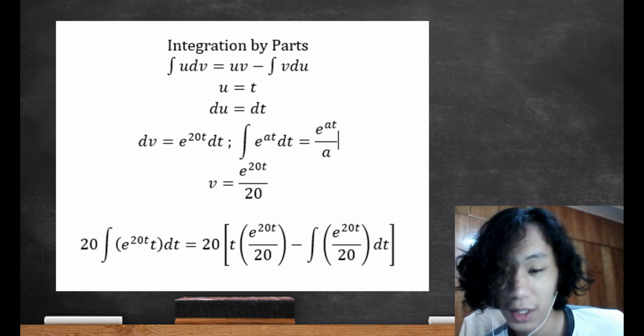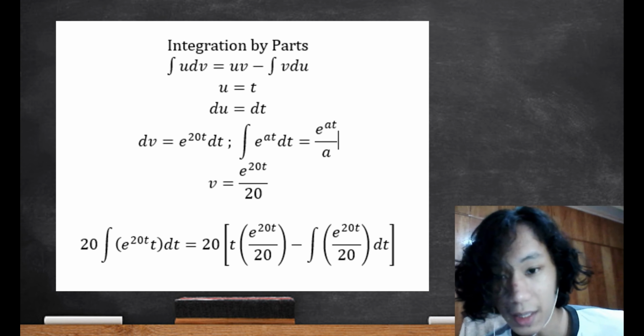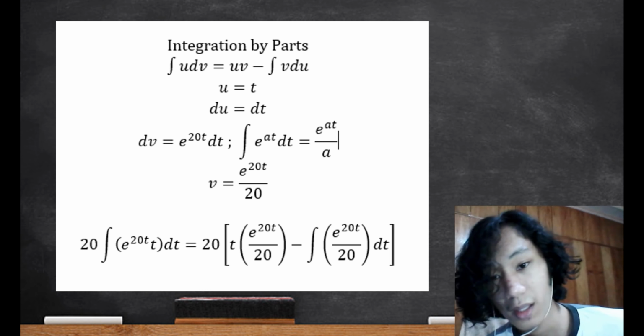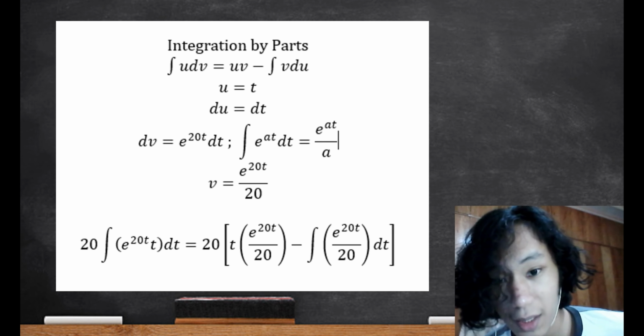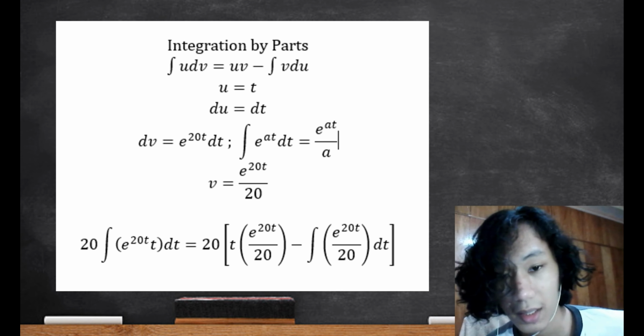the equation 20 times the integral of e raised to 20t times t dt is equal to 20 times t times e raised to 20t over 20 minus the integral of e raised to 20t over 20 dt.